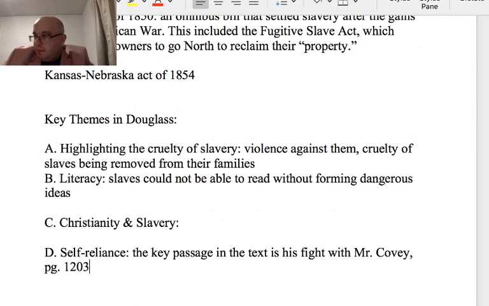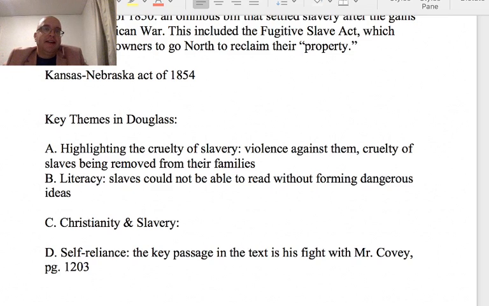If word got around that a slave got the better of him, he would lose his great reputation." So this whole incident showcases the power dynamics that take place. I'll even put this as its own theme.